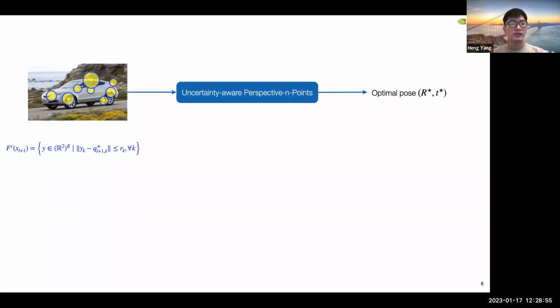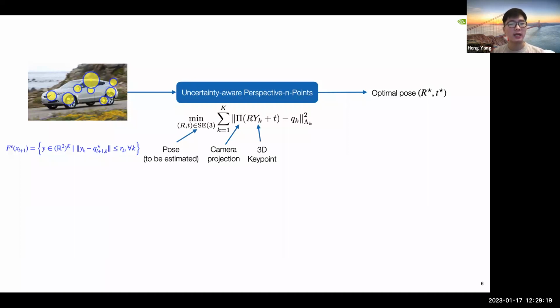Usually what people do is formulate some uncertainty-aware perspective-n-points problem. This will be an optimization problem of the following form. Here R, t is the unknown camera pose, or unknown rotation and translation, that you are trying to estimate. Pi here is the camera projection, which is a rational function of the input, R times y_k plus t. Here y_k is a ground truth 3D keypoint from the labeled 3D CAD models.